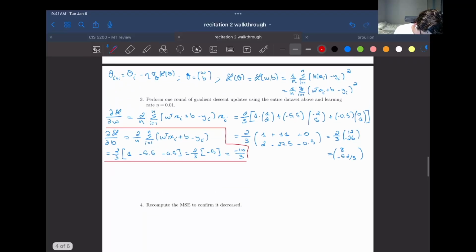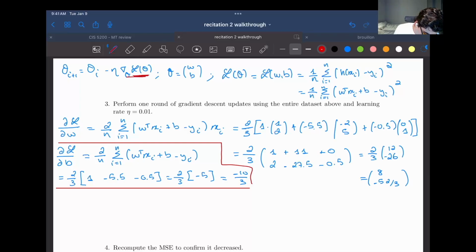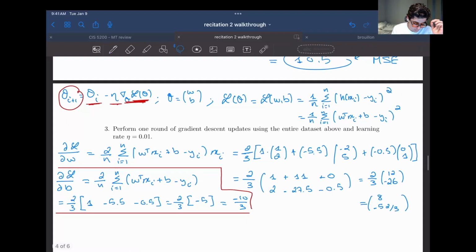And now we have this guy, and we have this guy, and we have this guy, right? And we want to find this guy. This is what they mean by perform one round of gradient descent.